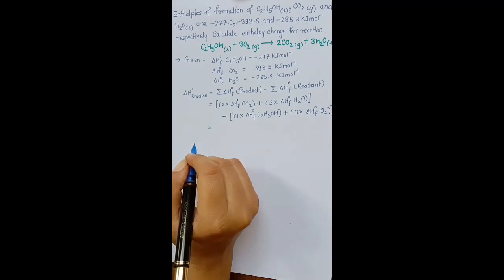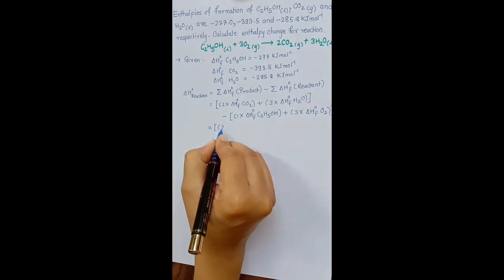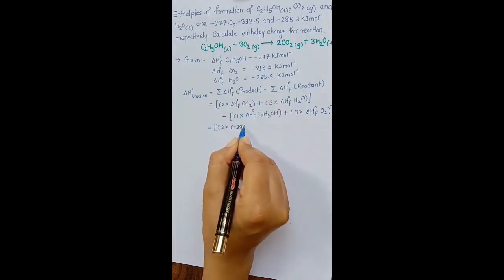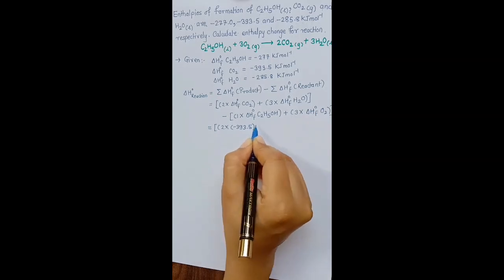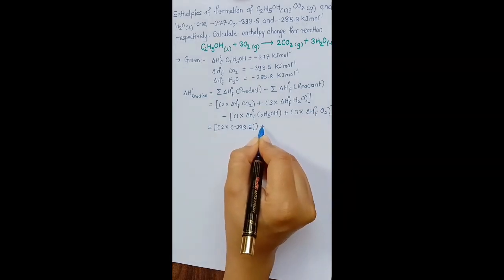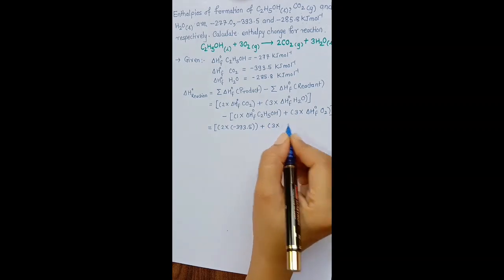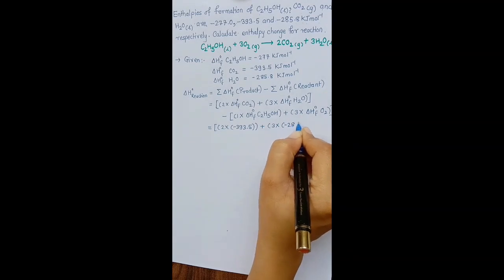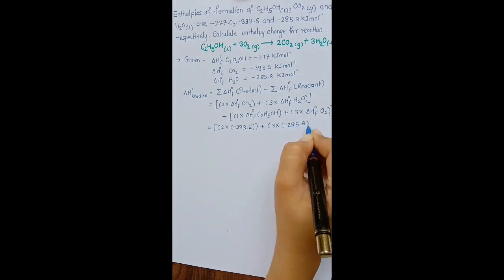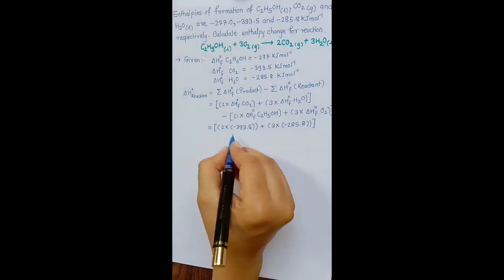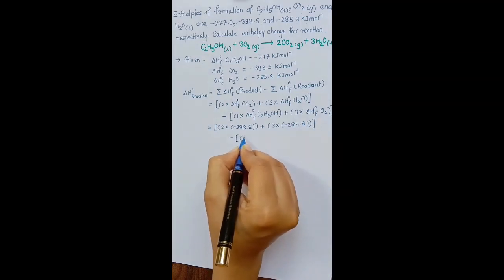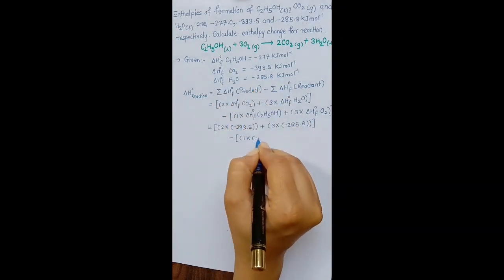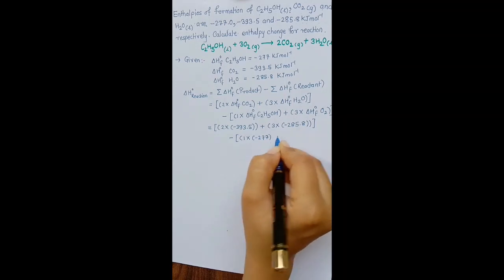So now putting the values. 2 into delta HF naught of CO2 is minus 393.5. Plus 3 into delta HF naught of H2O is given as minus 285.8. So this was for the product terms. Minus 1 into delta HF naught of C2H5OH is minus 277.